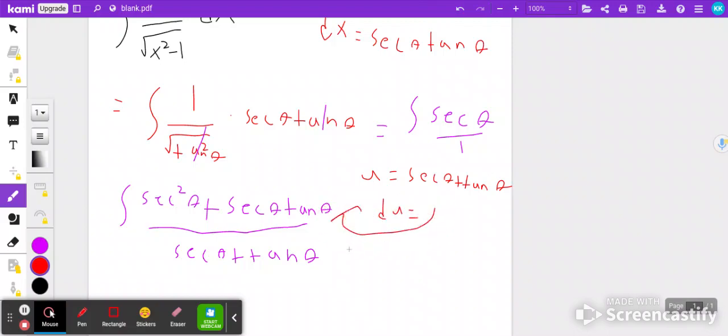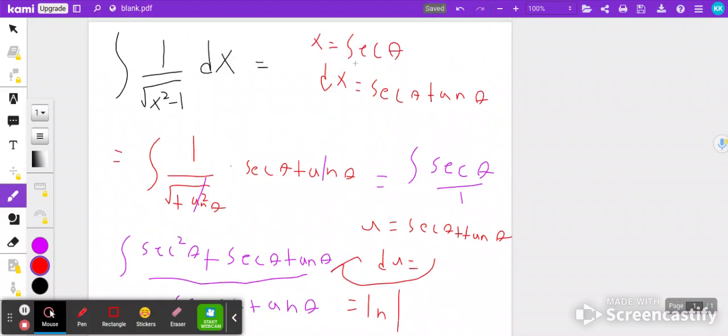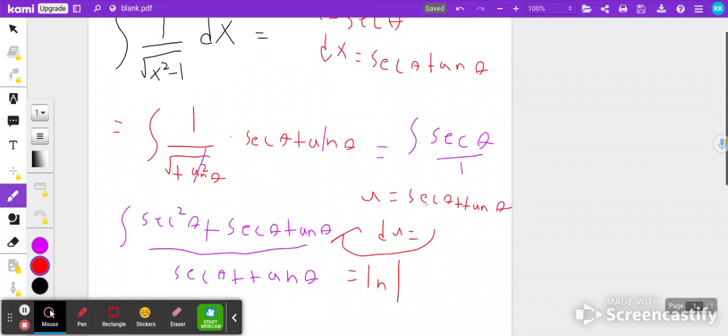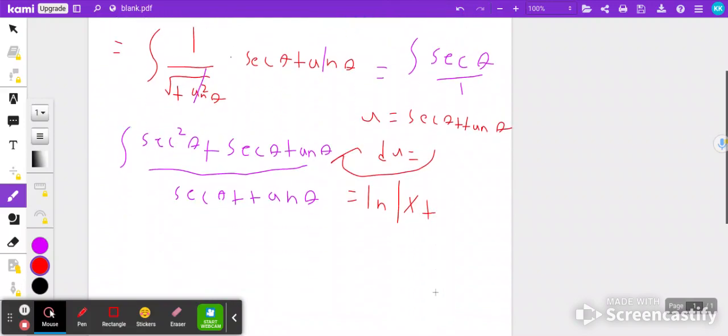So this is basically the integral of 1 over u, which is just natural log of absolute value of secant theta plus tangent theta. But we said that x is equal to secant theta because we have to go back to x. So we have ln of x, and then plus, since we know that secant theta is equal to x, we can actually draw a quick right triangle where this is theta, secant theta is x, so the hypotenuse is x.